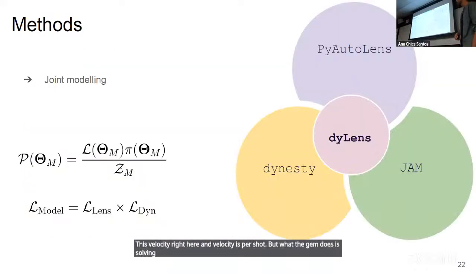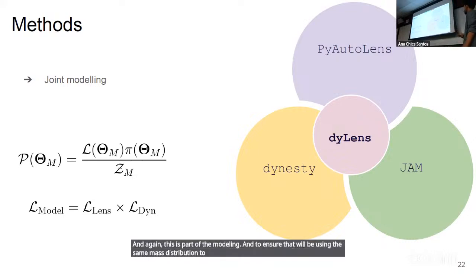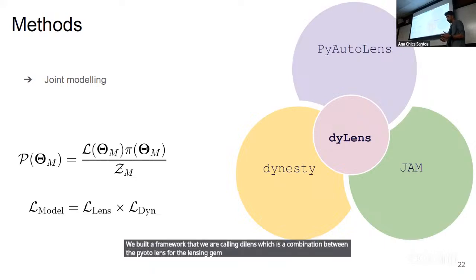And to ensure that we'll be using the same mass distribution to reproduce the lens part of the analysis and the dynamical part of the analysis, we built a framework that we are calling DyLens, which is a combination between PyLens for the lensing, GEM for dynamical modeling, and Dynesty, which is a nested sampler.